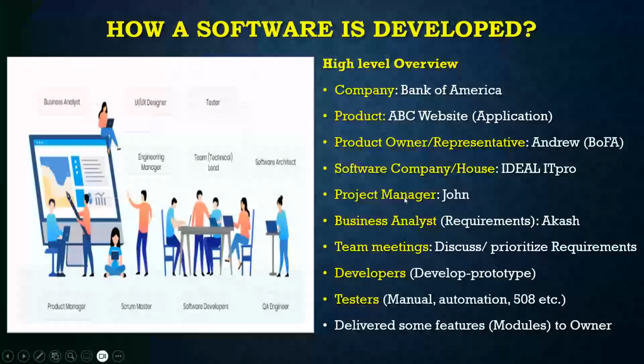He will coordinate with the business analyst. Our team should have about 9 to 11 people. One of them is the project manager, and another will be the business analyst, who will sit with the representative from Bank of America and the project manager, and ask him to provide us some requirements, like what would you like on your website.